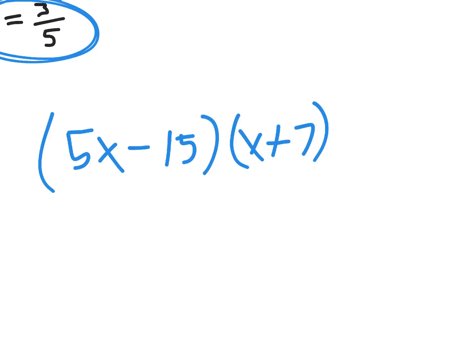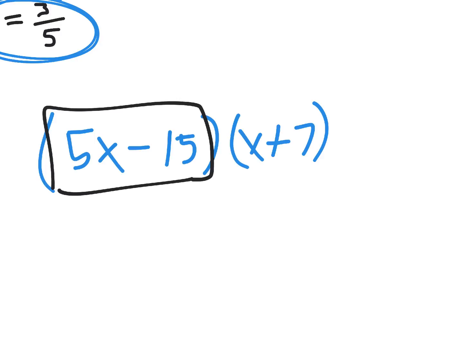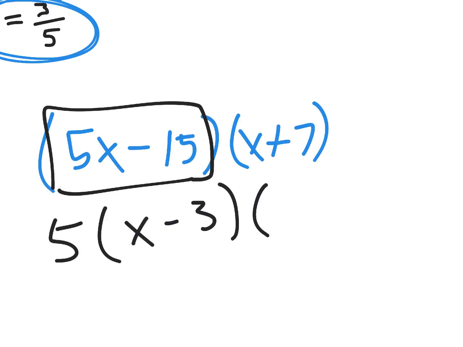Can you see what could have been factored further? Kiernan. You can take 5 out of 5x minus 15. You see how there's a 5 in both of them? The 5 has to get factored out, and you'd have x minus 3, and then you have your x plus 7. If you can factor one part further, you're not done.